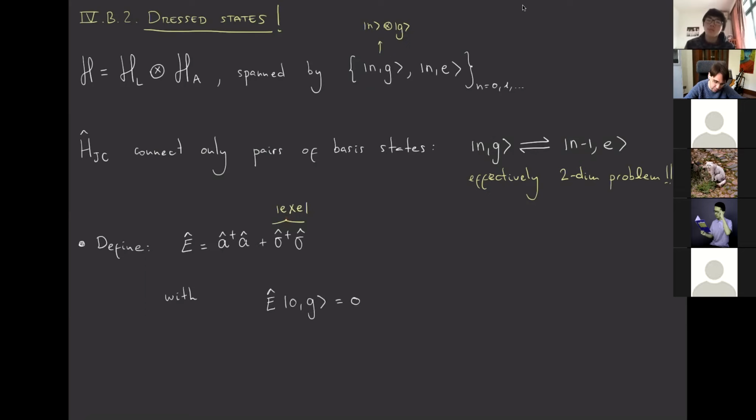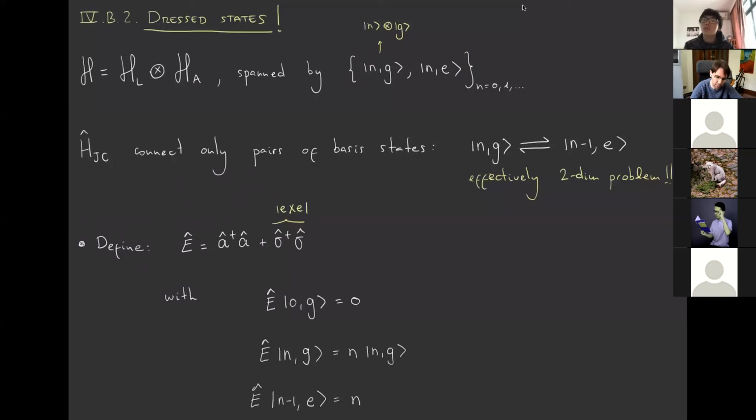On the other hand, if we apply this operator to the state with n excitations in the field, n photons, and the atom in the ground state, you will get n times the same state. And this is the interesting point: when you apply it to a state that has n-1 photons but has the atom excited, you also get eigenvalue n.